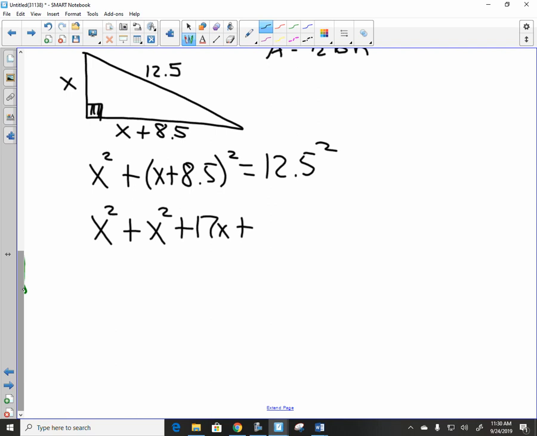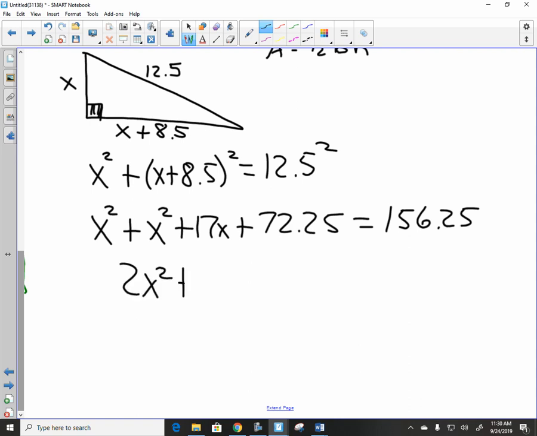And then 8.5 times 8.5 is 72.25. 12.5 times 12.5 is 156.25. Second degree equation, I should make it equal to 0. 2x squared plus 17x. I subtract over, I get minus 84 equal to 0.